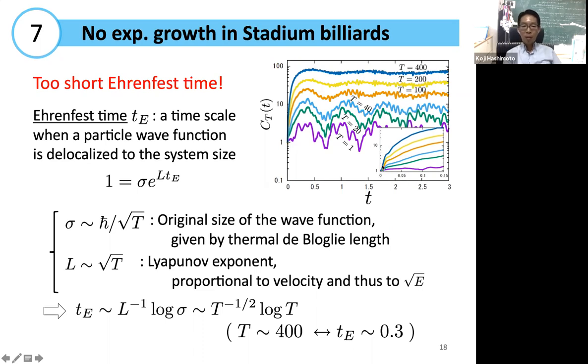But if you look at this, the exponential growth ended here, which is a very short time, like 0.01. And that is much smaller than the inverse of the Lyapunov exponent. So the time domain is not long enough to judge whether this is exponential growth or not. So this is the conclusion for the quantum billiard.